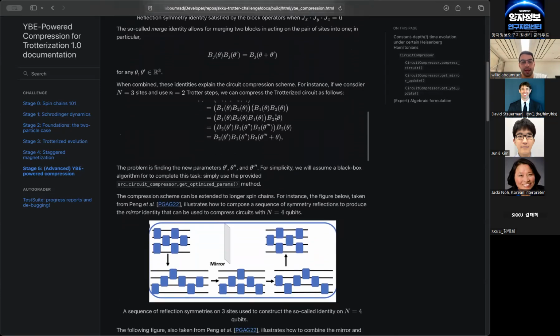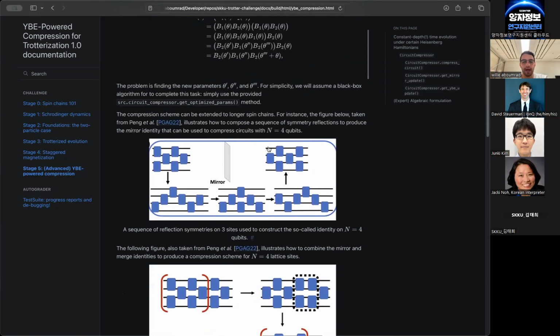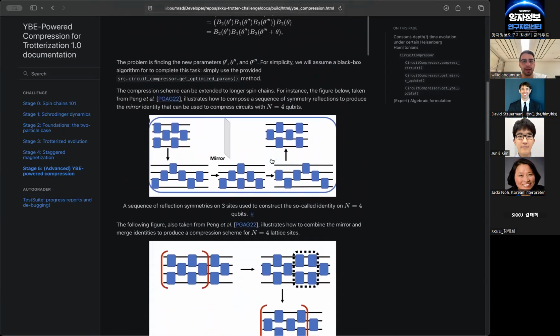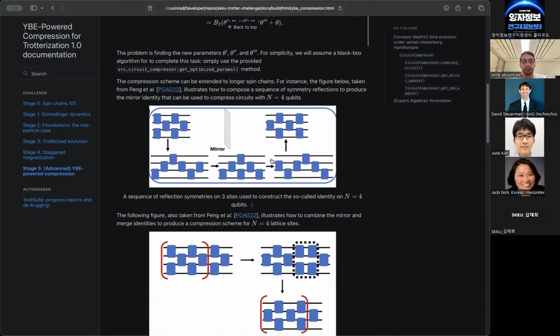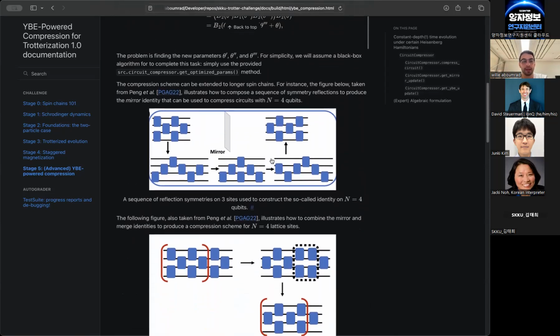And once you have that, then you can use that Yang-Baxter move in order to produce this mirror reflection using a sequence of moves, right? So here's how it works for 4 qubits. If you have an arrangement of 6 blocks on 4 qubits, basically you want to single out certain sequences of 3 blocks and do this one step at a time.